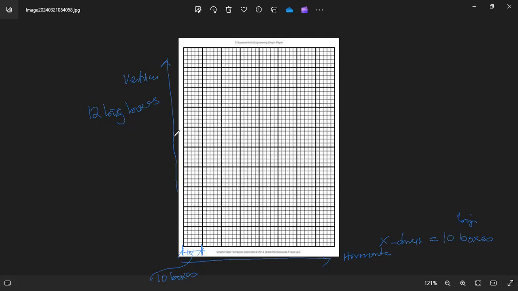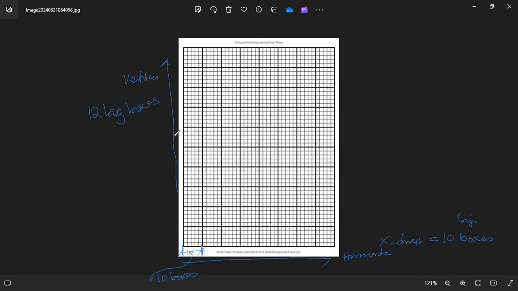A normal graph that you buy on the market, which we have used in JSS and all that, is not square, it's rectangle. So it's not 10 by 10. I disagree with your post.